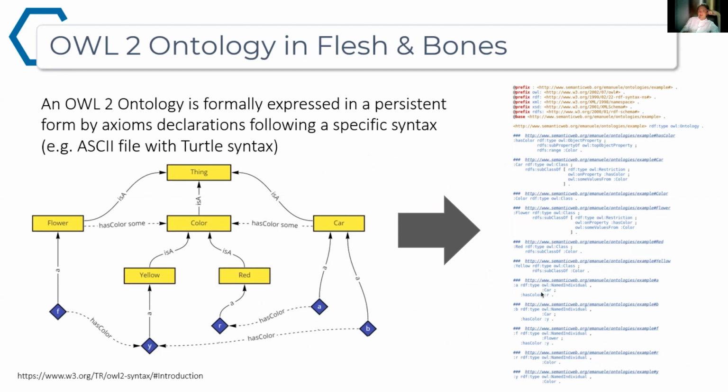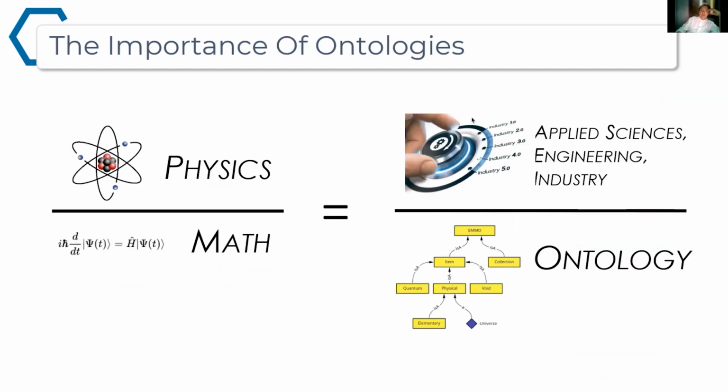And you can see here that we can represent an ontology using a series of triples serialized, in this case in Turtle, using OWL as a reference. So ontology is important because it can play the role of math for physics.